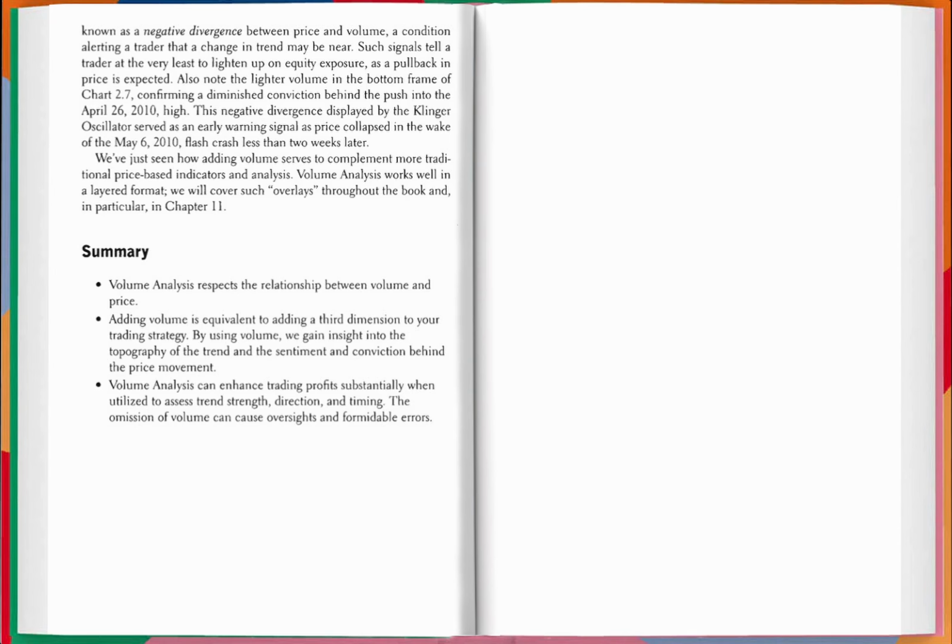Adding volume is equivalent to adding a third dimension to your trading strategy. By using volume, we gain insight into the topography of the trend and the sentiment and conviction behind the price movement. Volume analysis can enhance trading profits substantially when utilized to assess trend strength, direction, and timing. The omission of volume can cause oversights and formidable errors.